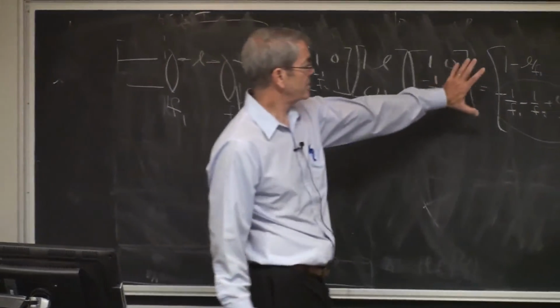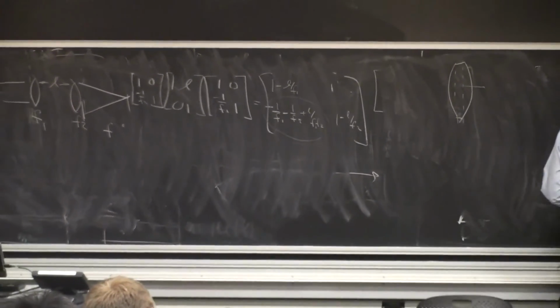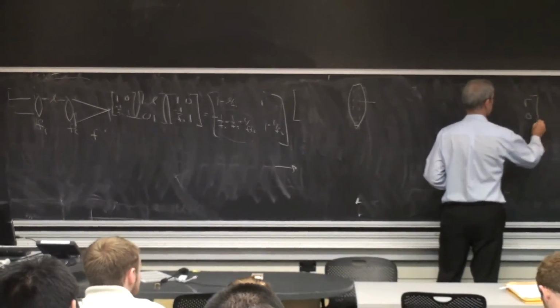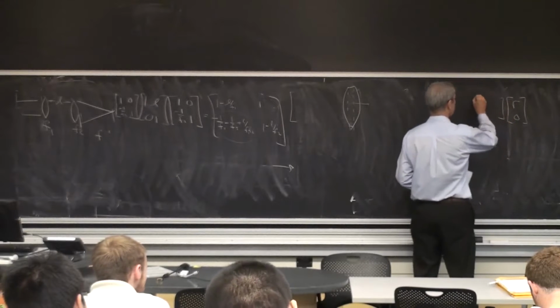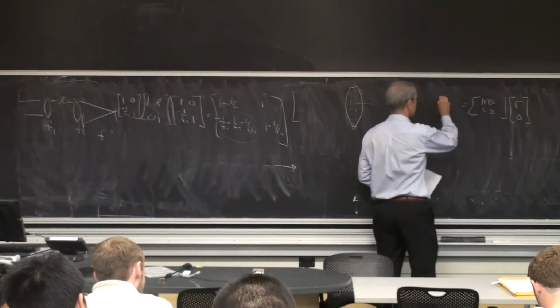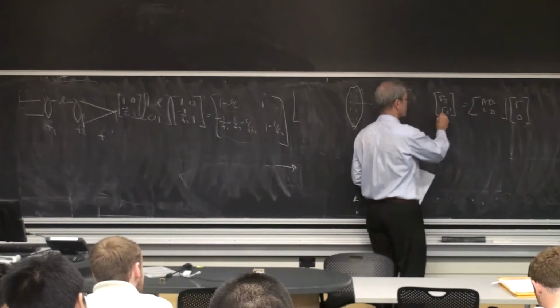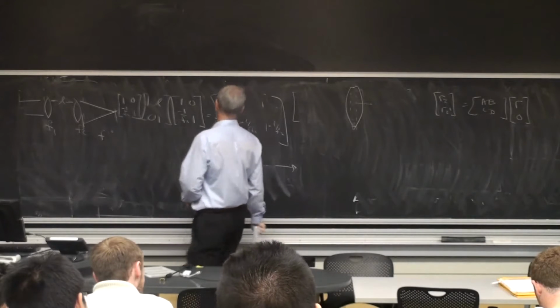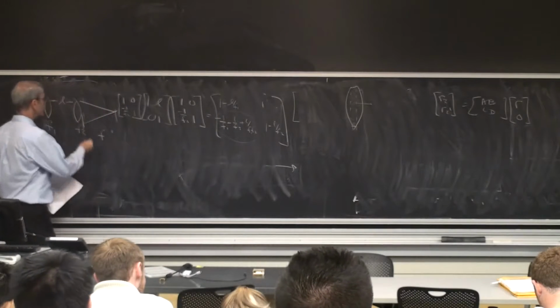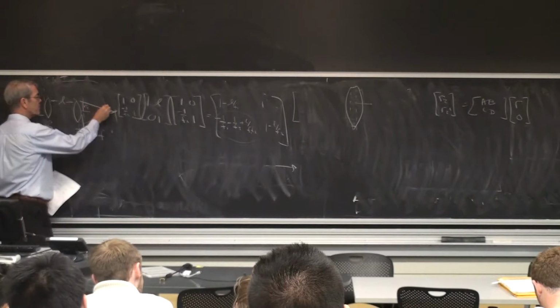So here's the ABCD matrix. If I come in with R and 0, and I run it through that ABCD, I will get R2 and R2 prime. This is R2, and this is R2 prime.